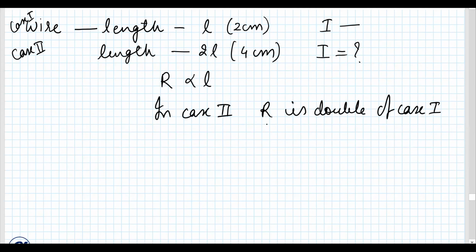If resistance is double, current will be... resistance is the hindrance to the path of flow of current, basically an obstruction. So resistance increased, and it doubled. So current will be half in case 2.